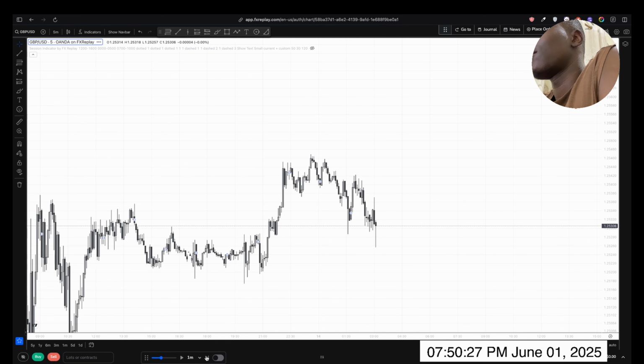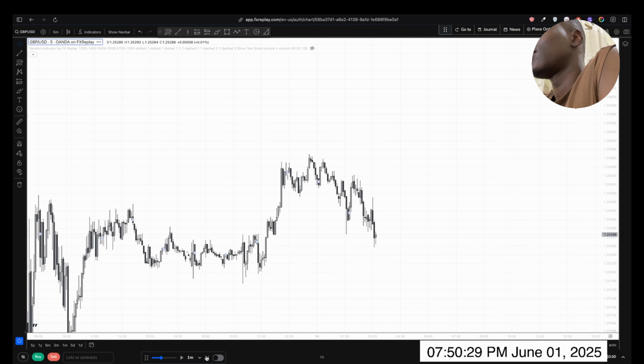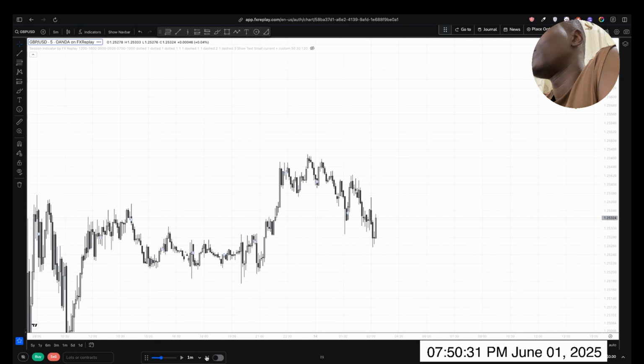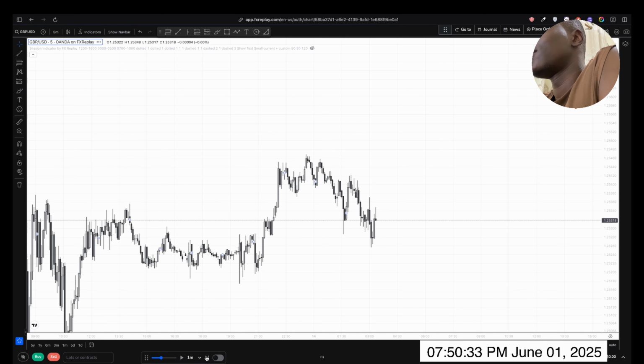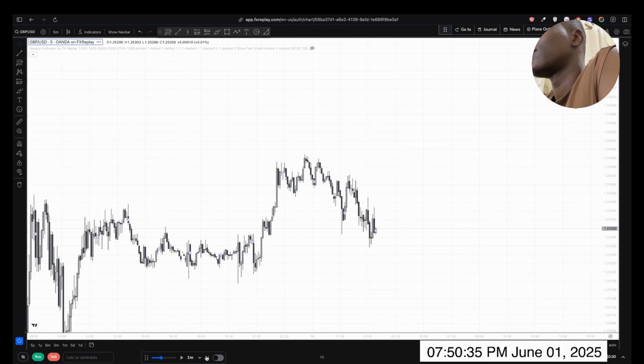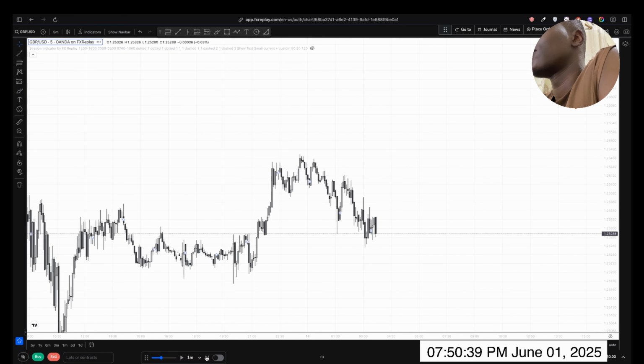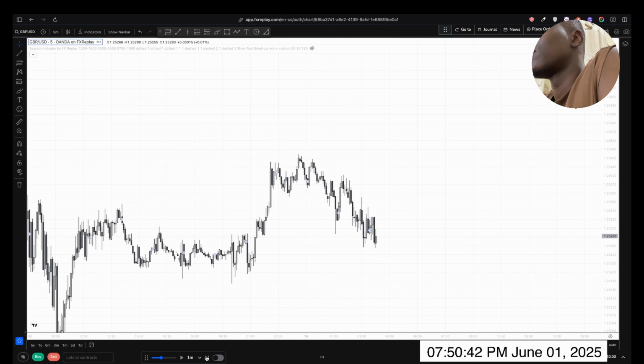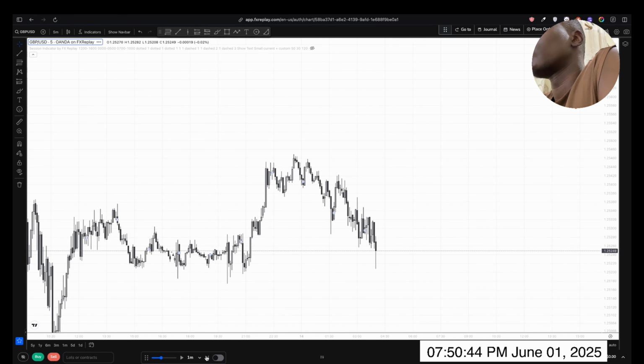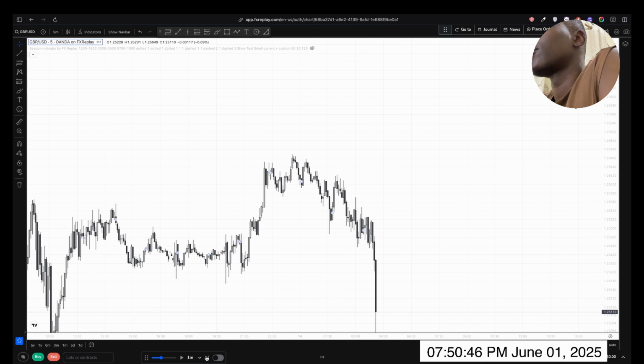So we take out the low. Do we continue to drop or do we push higher? So we continue to drop instead, and the shift occurs when we take out this lower low as we present this fair value gap.